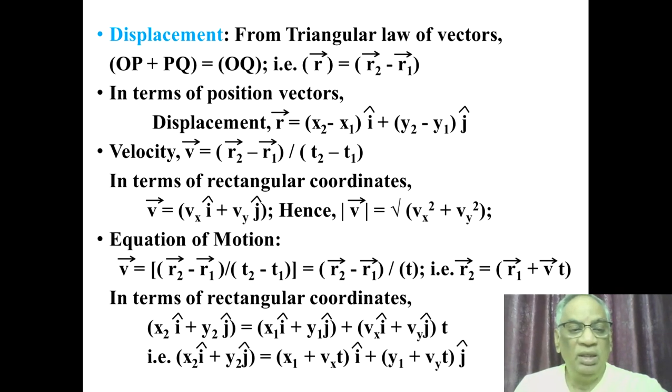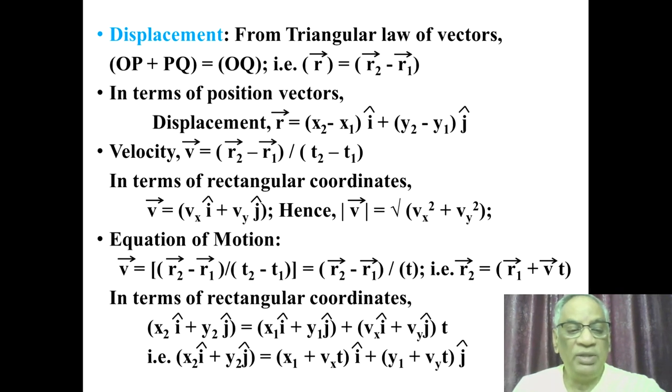Then its equation of motion, if we see, v bar is equal to r2 bar minus r1 bar by t2 minus t1, that is equal to r2 bar minus r1 bar by t, that is r2 bar is equal to r1 bar plus v bar t. In rectangular coordinates, r2 bar can be presented as x2 i plus y2 j, and r1 is given by x1 i plus y1 j, plus v bar is given by vx i plus vy j into t.